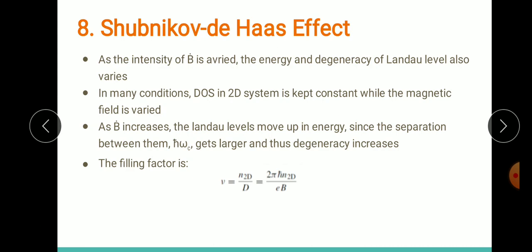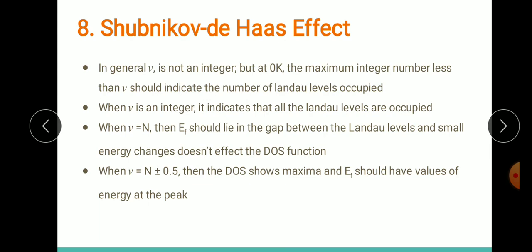Now what is the significance of this filling factor? Basically, the filling factor V is not an integer. But at 0 Kelvin, suppose the value of V is 5.3. What does it indicate? The maximum integer less than 5.3 is 5.